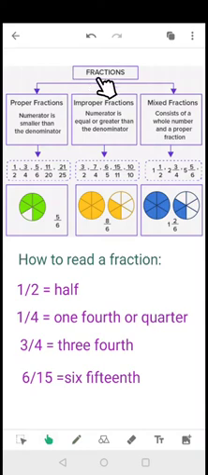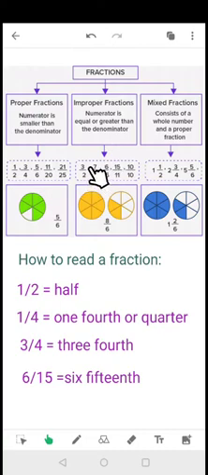There are 3 types of fractions. Proper fraction. Numerator is smaller than the denominator. We all know this is numerator and this is denominator. In proper fraction, numerator will be smaller than the denominator. Improper fractions. Numerator is equal or greater than the denominator.